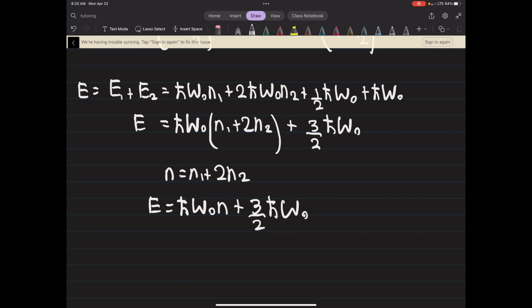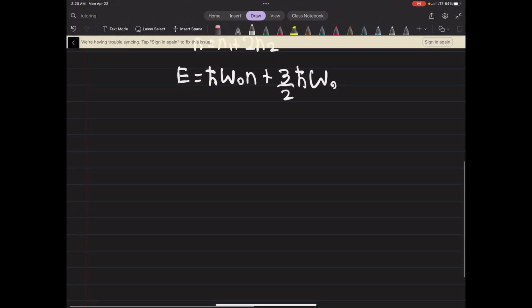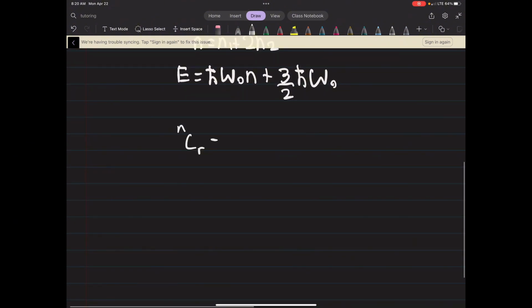Okay. So now what we need to do is find the number of microstates, which will be related to this. And the way that we're going to use it is combinatorics. So C(n, r) is equal to, and I'll explain this if you're not super familiar. N is the size, you could say, of the set, and R is the size of your permutation.